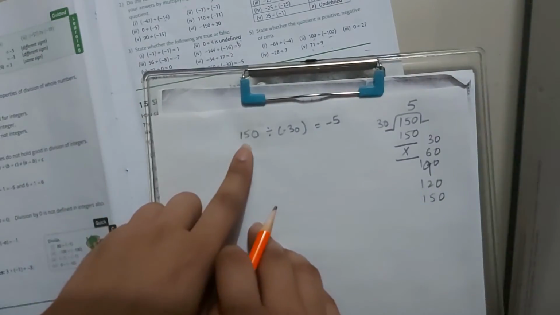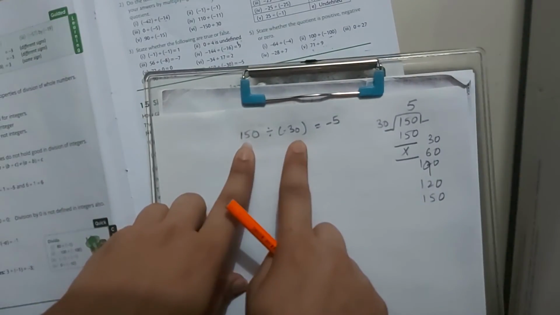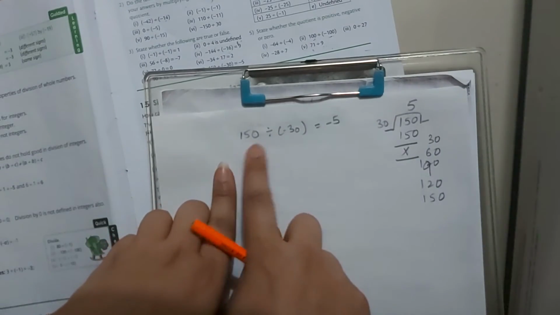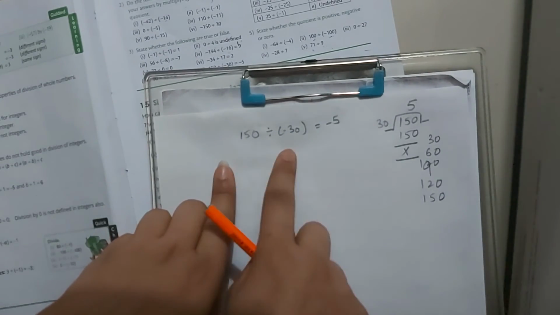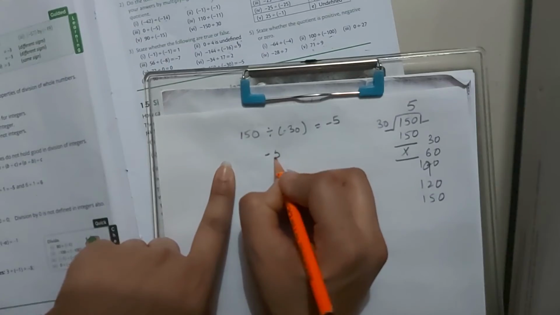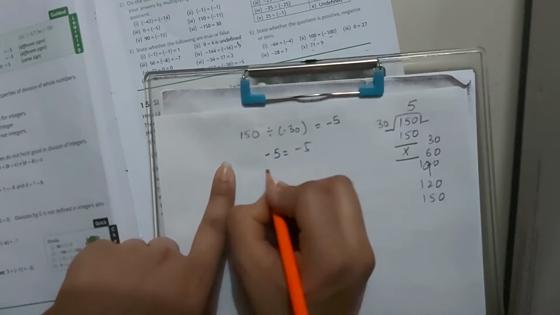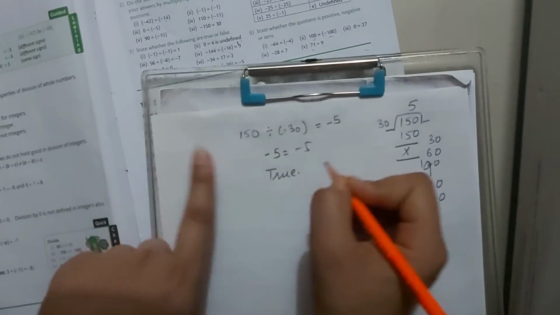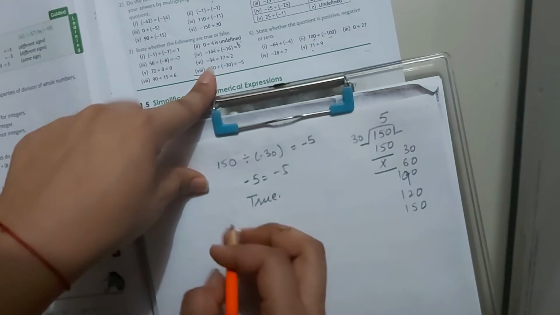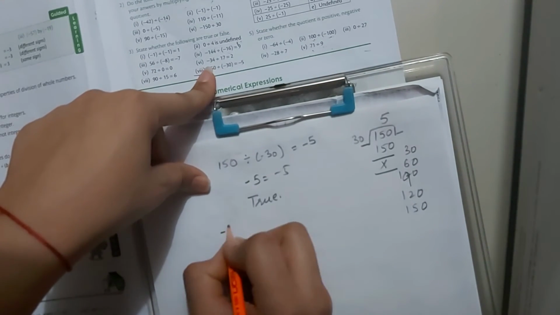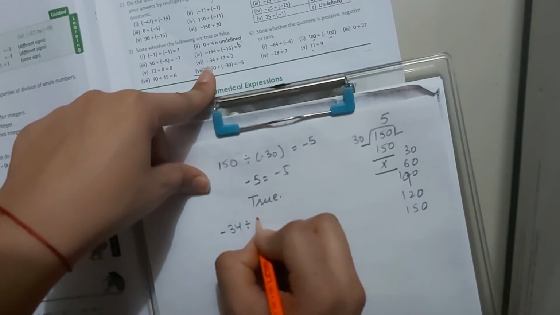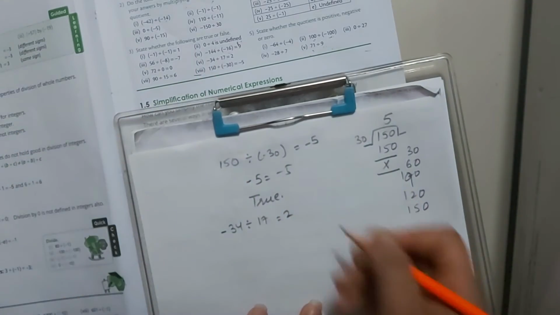Now we have read that if the divisor and dividend have opposite signs, or not equal signs, then the quotient is negative. So this statement is true. Next is minus 34 divided by 17 is equal to 2.